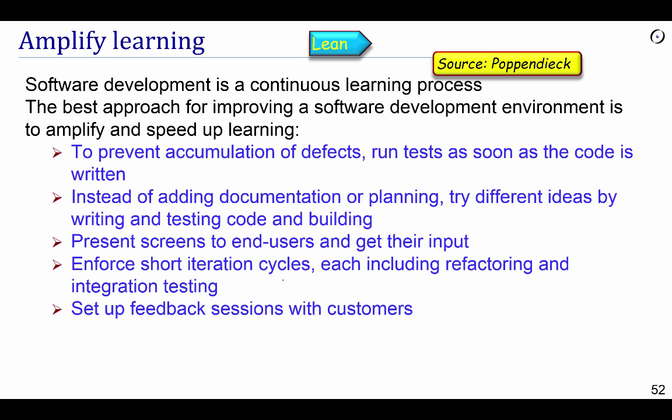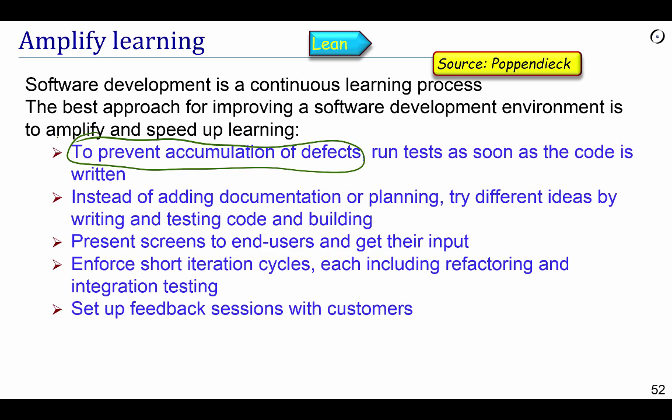And how do we amplify and speed up learning? Well, we know that in agile methods it's important to run tests all the time. We're going to come back to this in the study of test first development as part of practices. The justification for this in the Lean view is that it helps prevent the accumulation of defects. Tests give you learning, tests give you information.